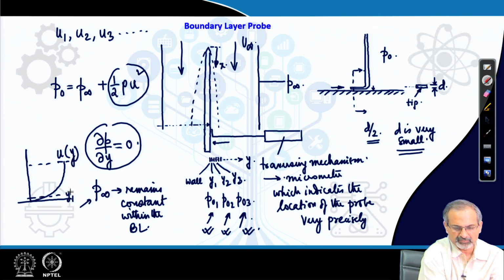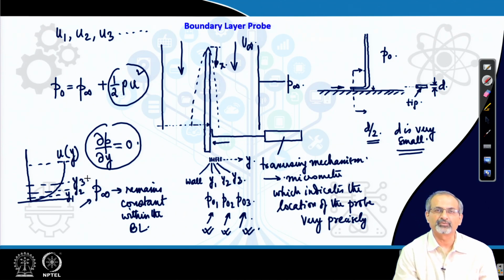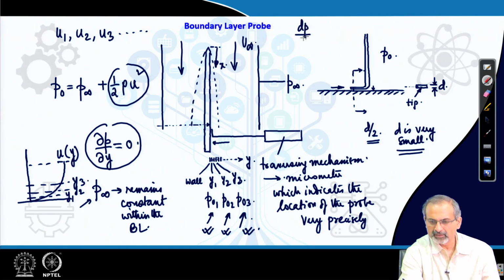So, this is your y 1, this is your y 2 etcetera. So, this is how the boundary layer probes are used for boundary layer velocity profile measurement, whether you do it for a flat plate or you do it for non-zero pressure gradients, which could be adverse or favorable.